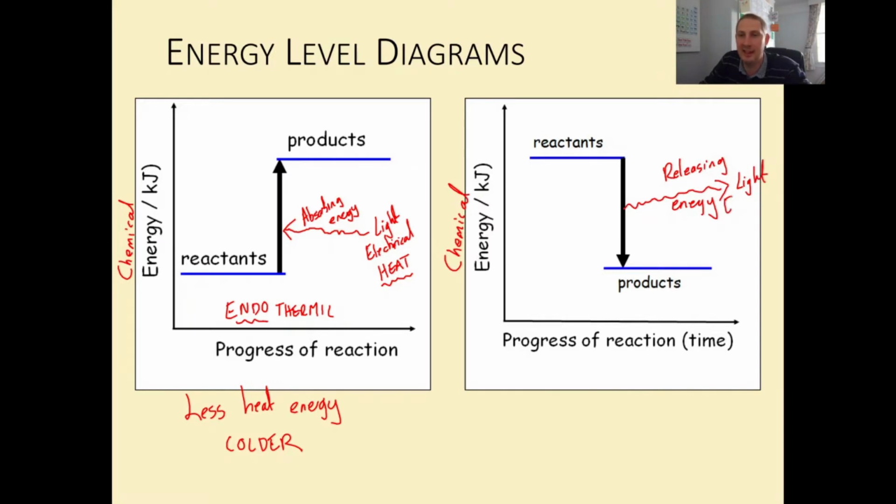It can be as electrical, in a battery, or most commonly it can be heat energy as in combustion. The energy is going out, exo-thermic. This is an exothermic reaction. Because there is more heat energy, it is getting hotter.